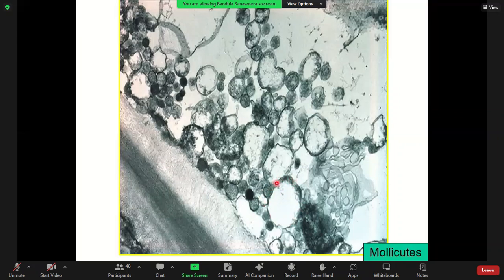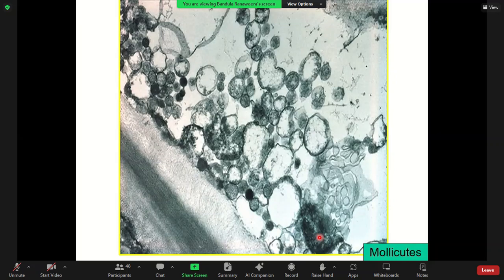These organisms have only a membrane covering the cytoplasmic content. We name them as mollicutes, and they are also causing plant diseases. So mollicutes are a group of very primitive microorganisms without a cell wall.